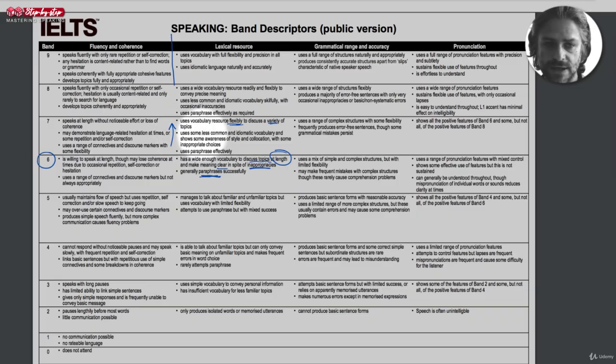Okay, it uses less common and idiomatic vocabulary. Okay, this is very important. You'll see that anything below a 6 does not expect you to use any idiomatic vocabulary, but thereafter, to get your 7 and 7.5 and 8, you need to start using idiomatic vocabulary.